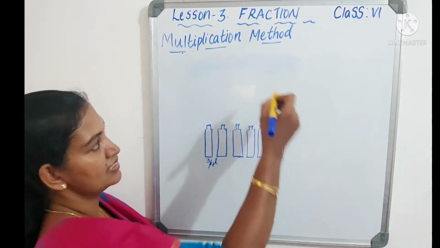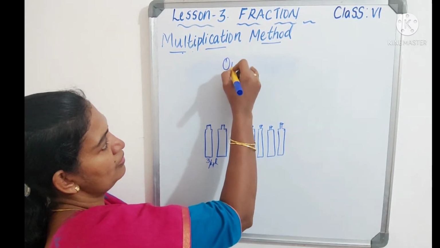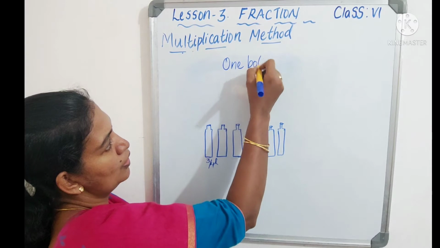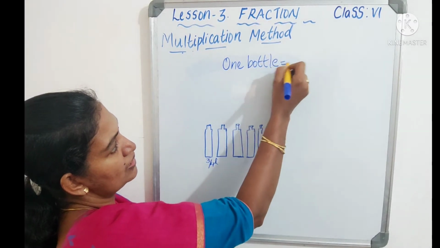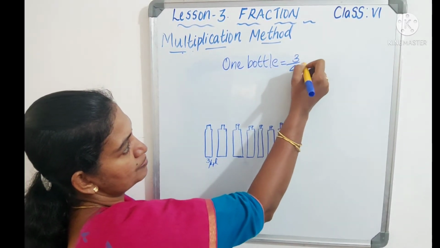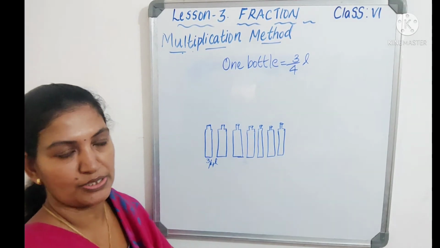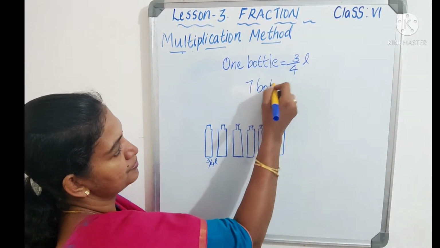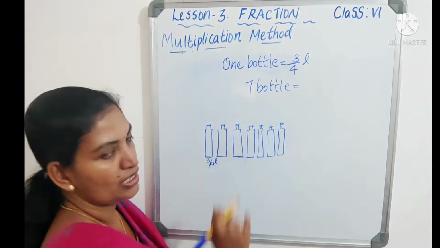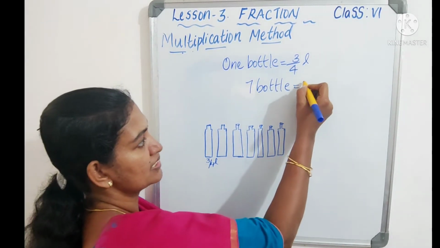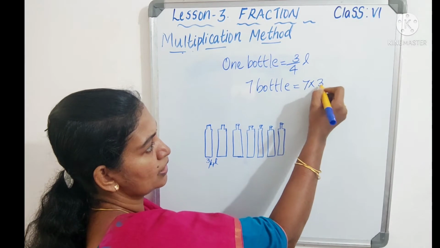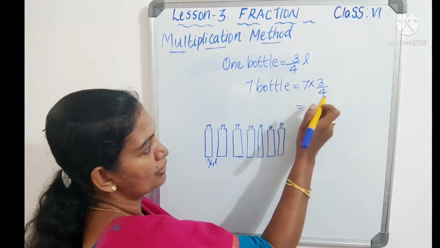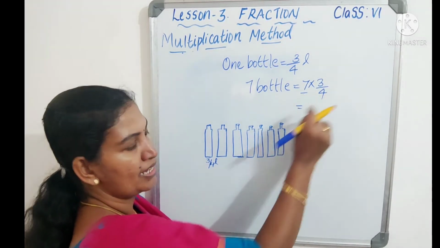Okay, how can you find it? See, one bottle has 3/4 liter of milk. Then how many bottles? 7 bottles. So in total that means 7 into 3/4. How can you multiply a whole number and a fraction?